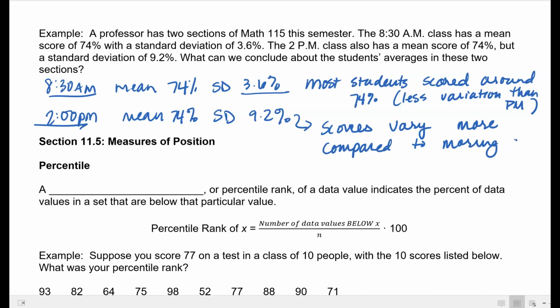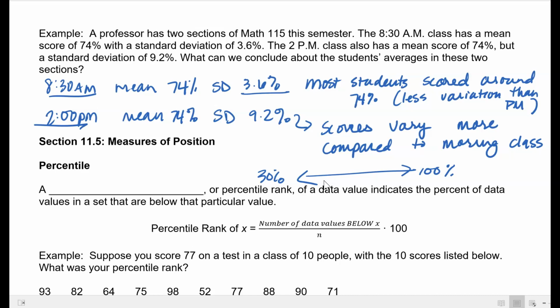So even though the average is 74, you could get students who maybe scored 100 and maybe scored, I don't know, 30%, and they're going to be all in between, but when you average them out, they end up averaging to 74. So there's much more variation or differences in the scores, or spread, I should say, in that second class compared to the morning class.